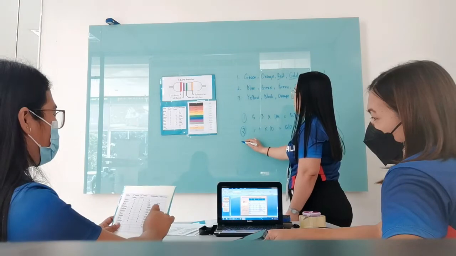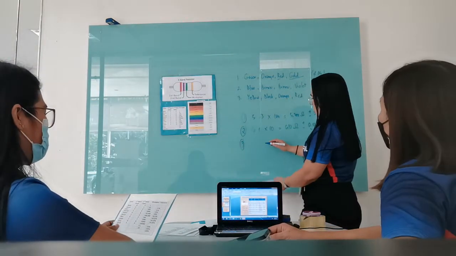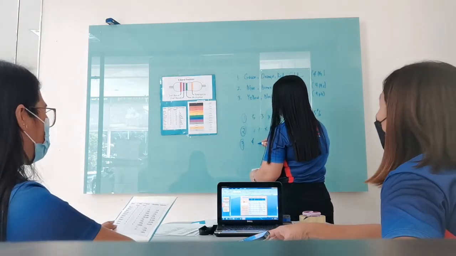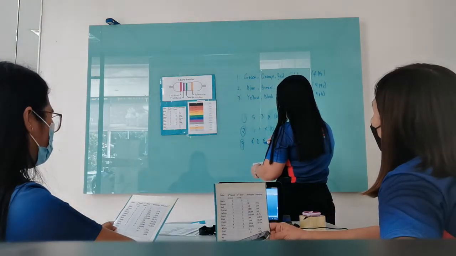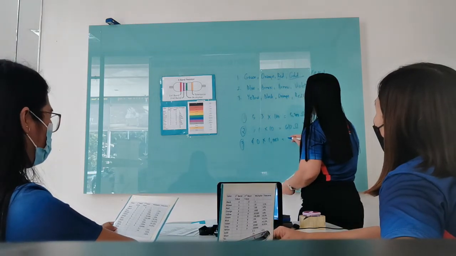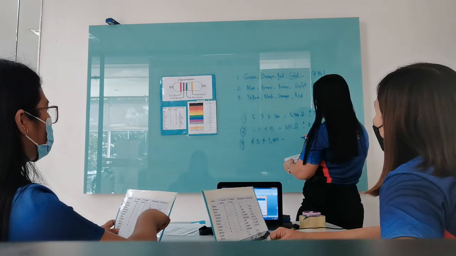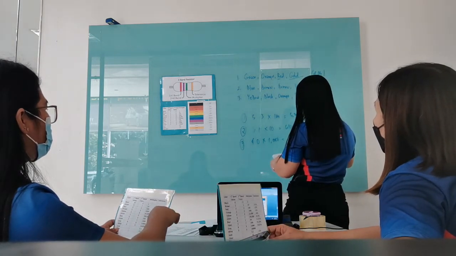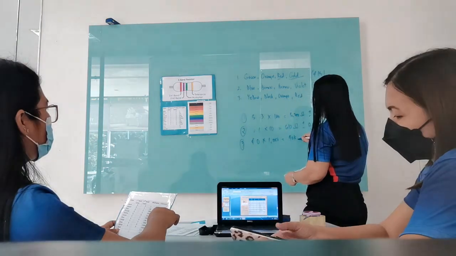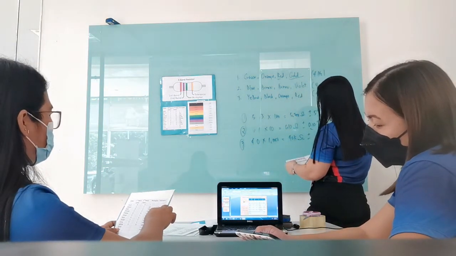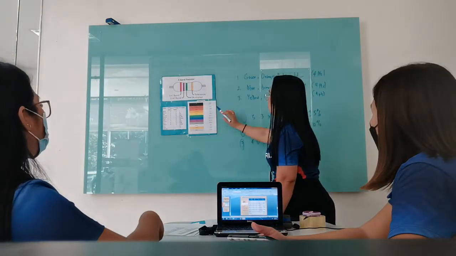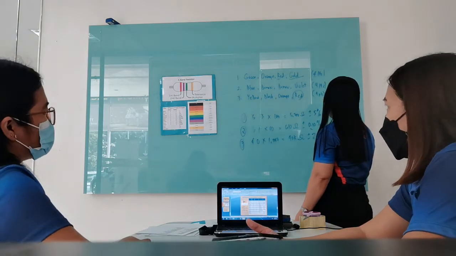Okay? And the last one is yellow. Yellow is 4, and this is 0, times the value of 1,000 for the color orange. So you will get an answer of 40K or 40,000 ohms, plus or minus the tolerance of the color red, which is 2%.